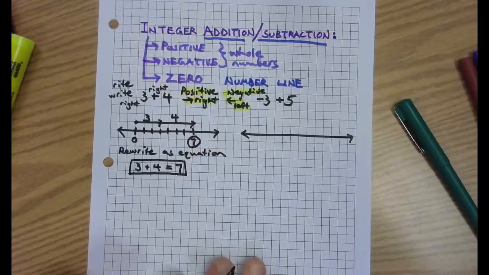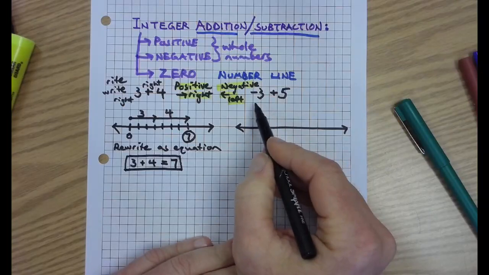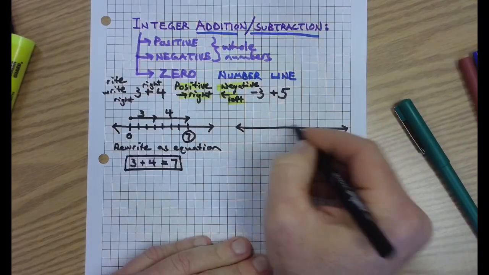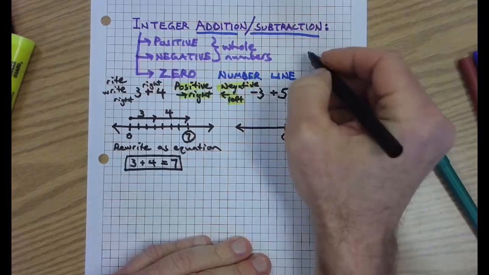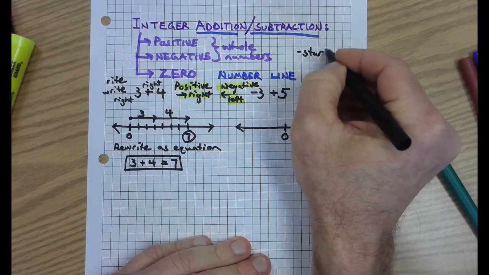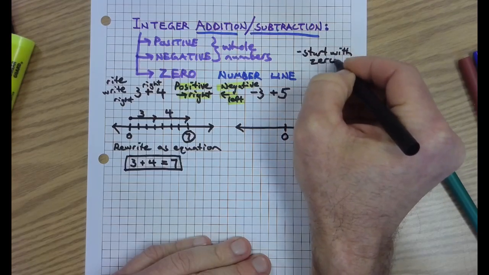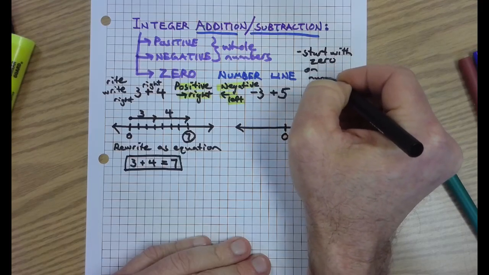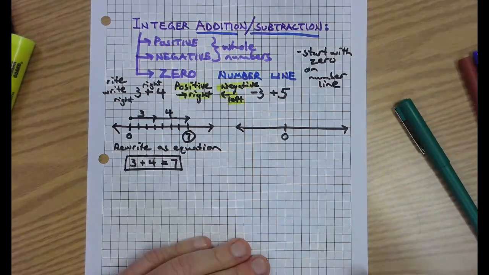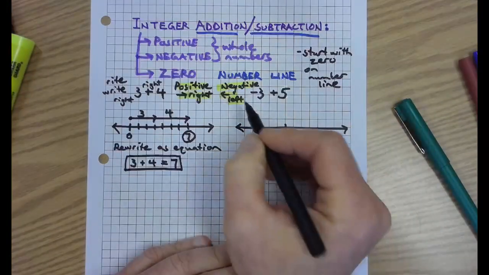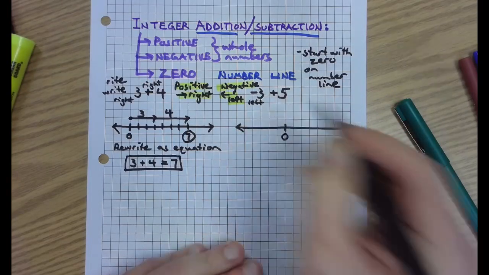Now let's get tricky with it a little bit. Okay, this time I'm going left 3 and right a little bit more than that, so I'm going to put my 0 kind of right in the middle there. Always start with the 0. So we're going to do first movement, which is left 3.